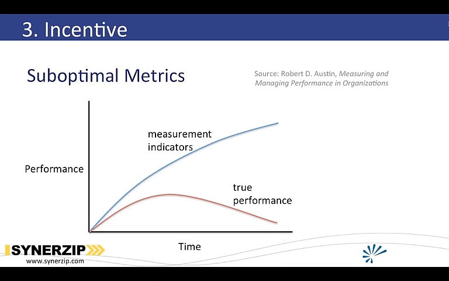Carrots are incentives and sticks are punishment. The more you do that around any sort of measurement, the more it goes the wrong way. So in this little thing, we're just attempting to show that the measurement indicators might show one thing, but true performance will go the other way the moment you start to put incentives around that. And this is another very important thing to be aware of when dealing with metrics.